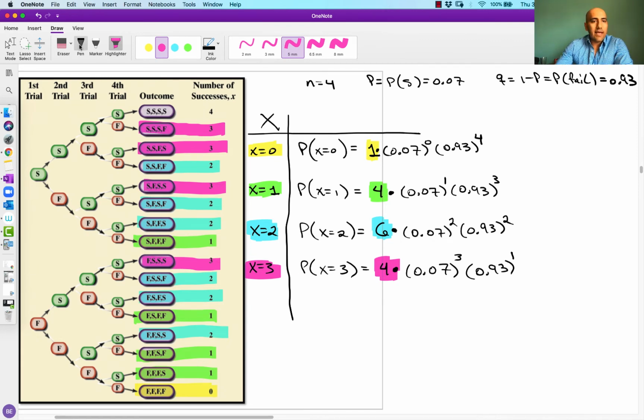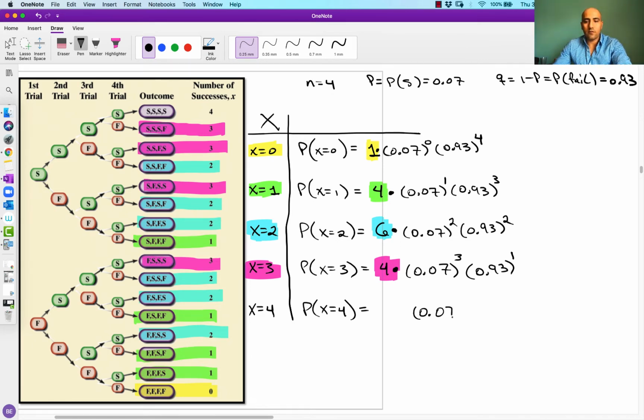And finally, the last thing that could happen is that maybe x equals 4. All 4 of the samples resulted in O negative blood. That's the probability that x equals 4. So skip that guy again. That means that we have 4 successes. 0.07 to the power of 4 times 0.93 to the power of 0. 0 failures, 4 successes.